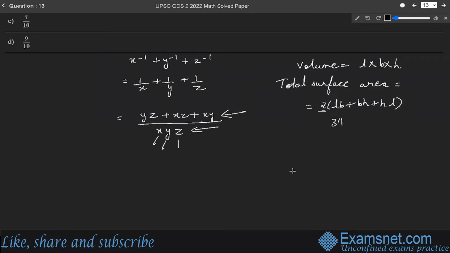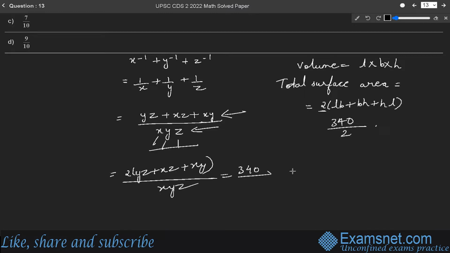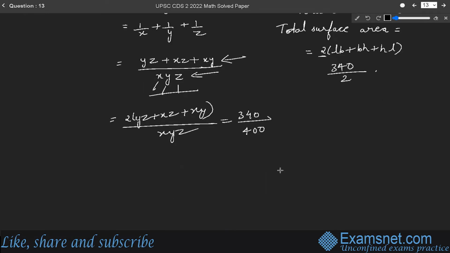But since here there is no 2, so we will divide 340 by 2. Or you can write it as 2 into yz plus xz plus xy upon xyz is equal to 340 upon xyz, and xyz is the volume and volume is given, which is 400. Now this 2 will go to that side.